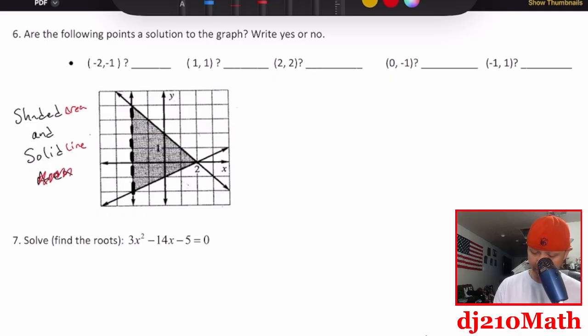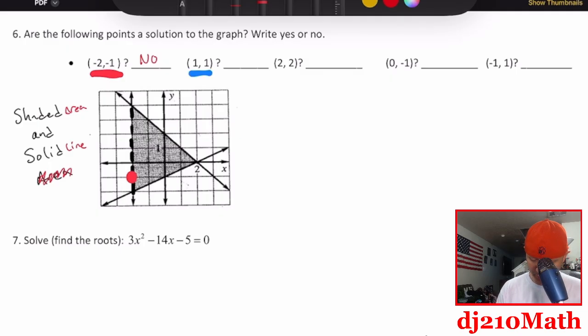All right, so let's see. So -2, -1. Right away. This is in a dotted, right? It's touching the shaded area, but it's on a dotted line. So that's a no. 1, 1.